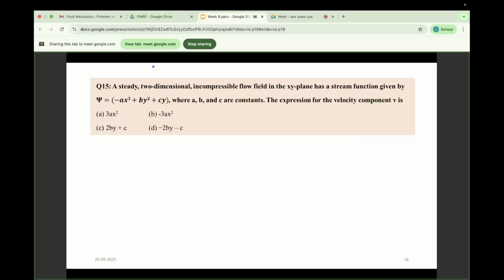So what is given? This streamline function is given. What do we know? If a streamline function is given, u is the derivative with respect to y, whereas v is the negative derivative with respect to x, right? So v we need to find out.